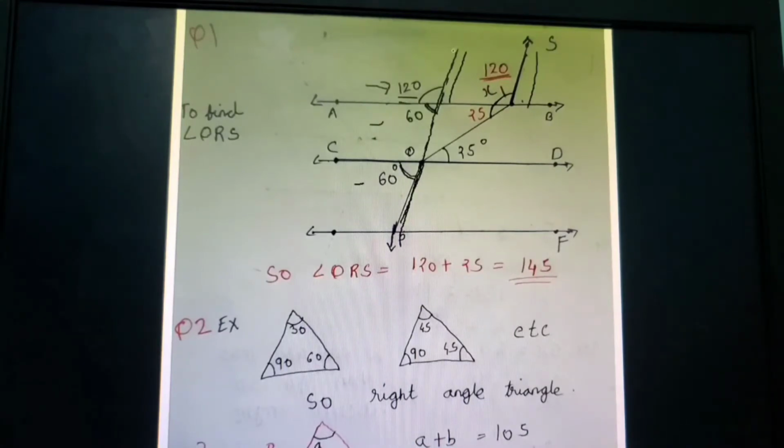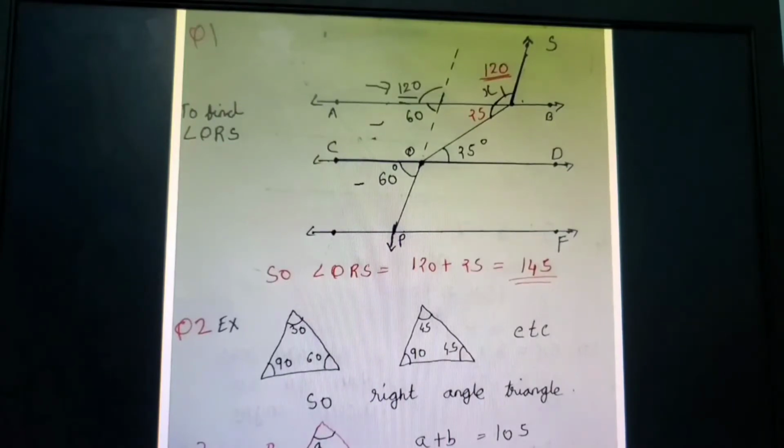Now we have said that this line and this line are parallel to each other, and this is a transversal. So this is also a corresponding angle, 120 degrees, and the x angle is also a corresponding angle, so this angle will be 120 degrees. Wait, I will erase this for a clearer view.